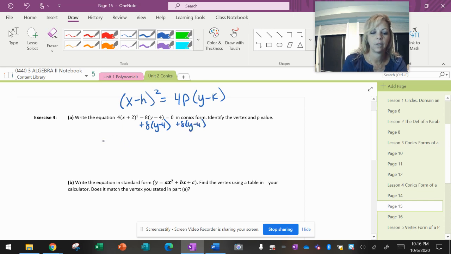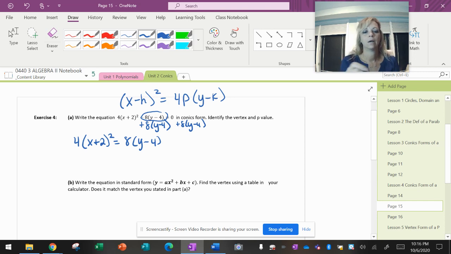So when I do that, I end up with 4(x plus 2) squared equals +8(y minus 4). Because you can think of this as one big glob of multiplication, one big piece. The -8 times the y minus 4, I can add the whole thing over to the other side, okay? So I'm almost there.